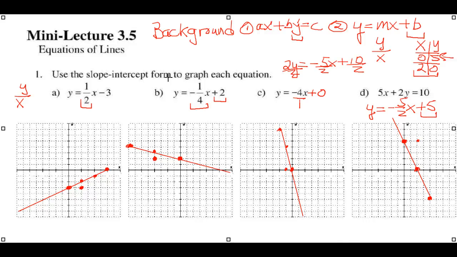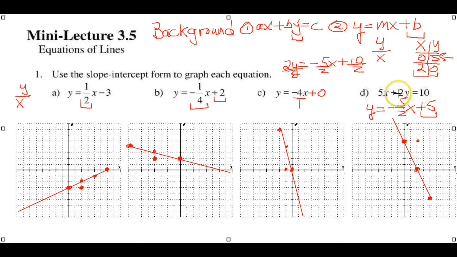So we now have, in a sense, 3 ways to plot our graphs. We could do a t-chart and get various points, solve for the other variable and plot those. If it's in standard form, a convenient way is to make an x and y intercept t-chart.